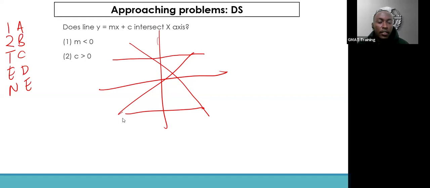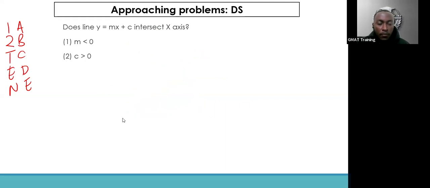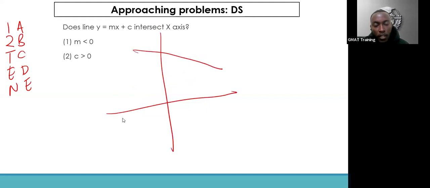The gradient of this line is negative. That means the line decreases from left to right. If it decreases, then it will always intercept the x-axis at some point.